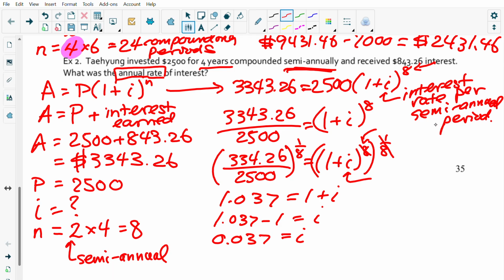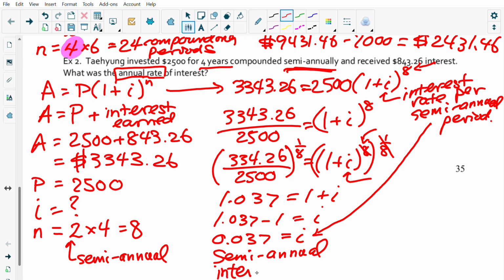Okay, remember, this is a semi-annual interest rate. So I have to take 0.037, and I multiply it by 2 to get 0.074.